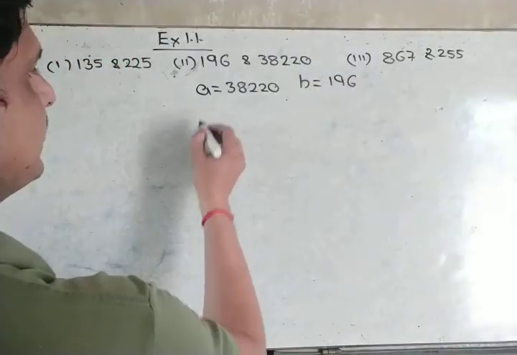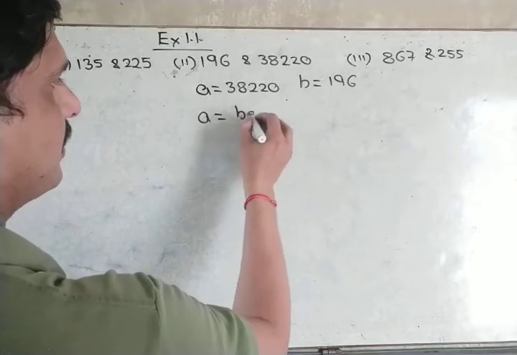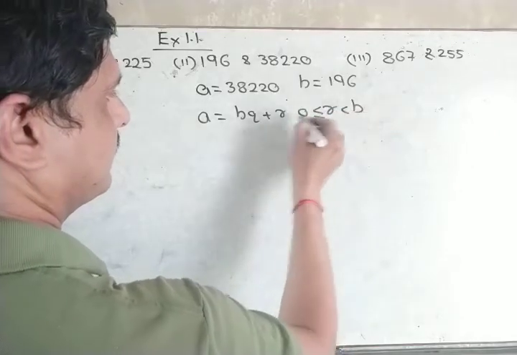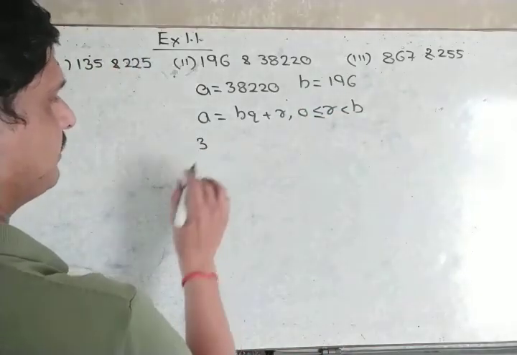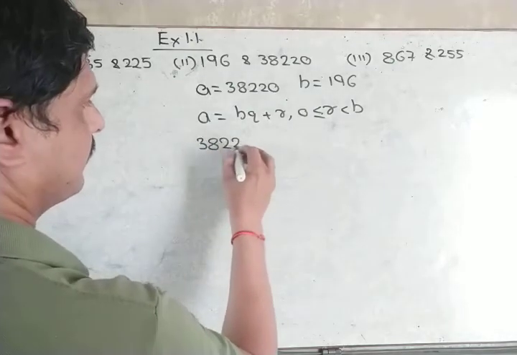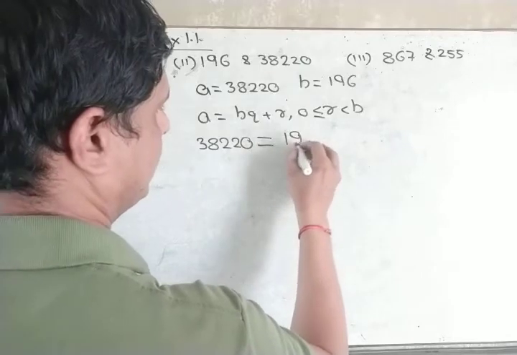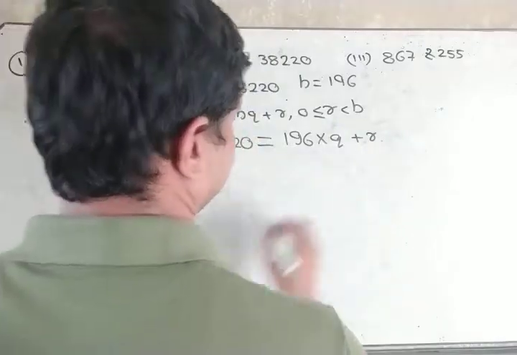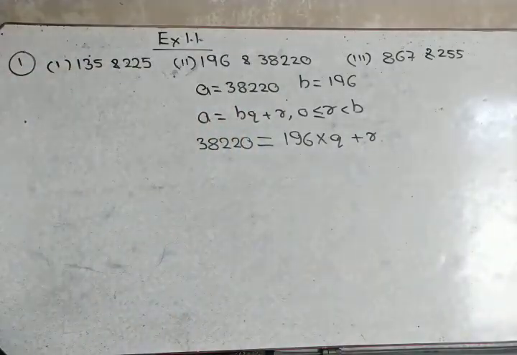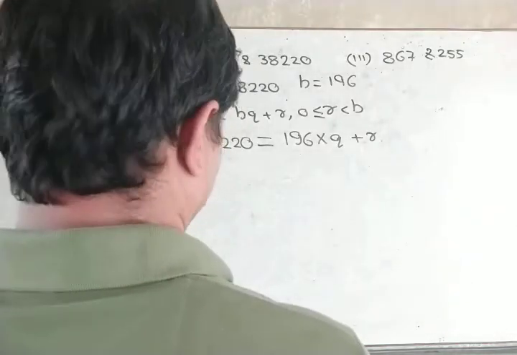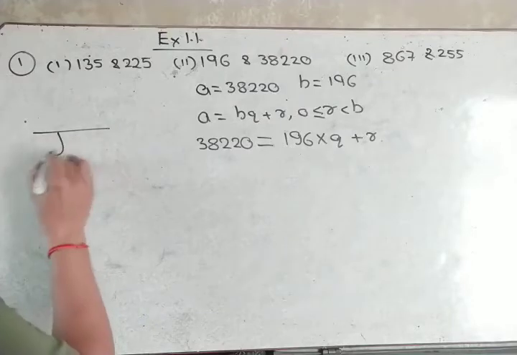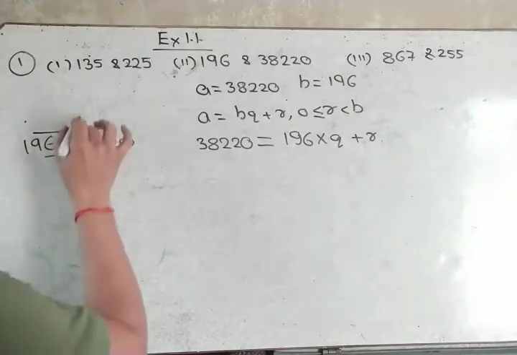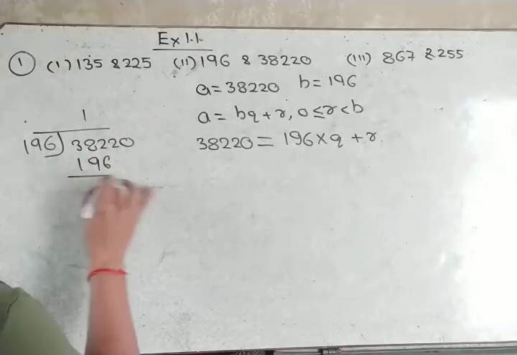Then you can write A = BQ + R, where R is less than 196. Now put in format: 38220 = 196 × Q + R. You need to divide 38220 by 196.